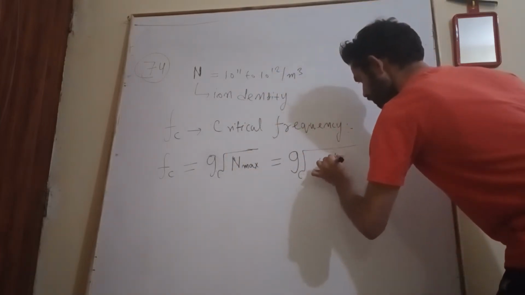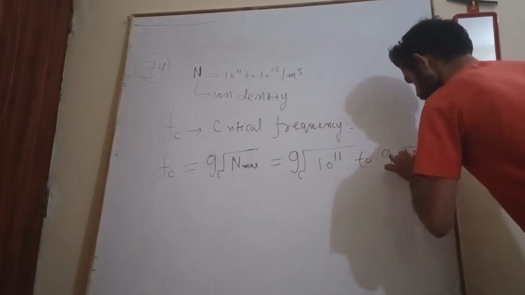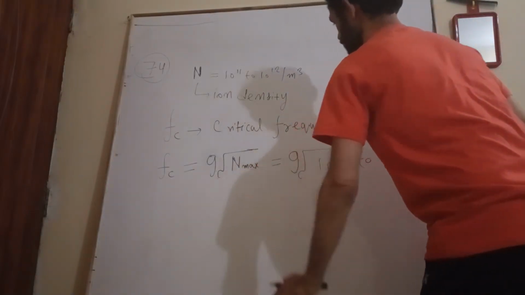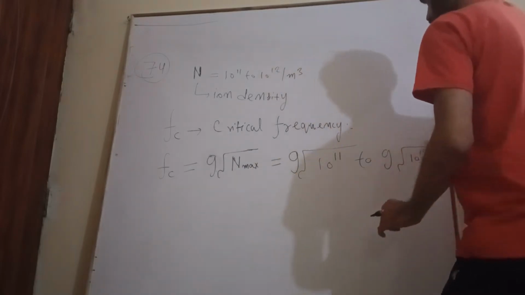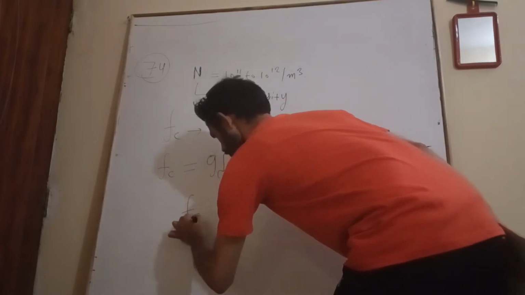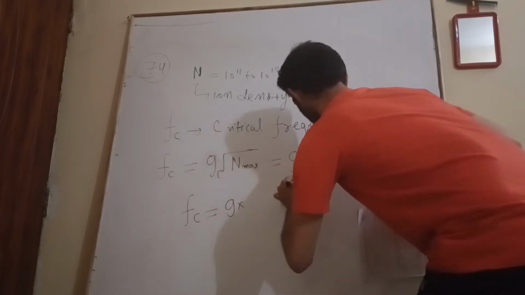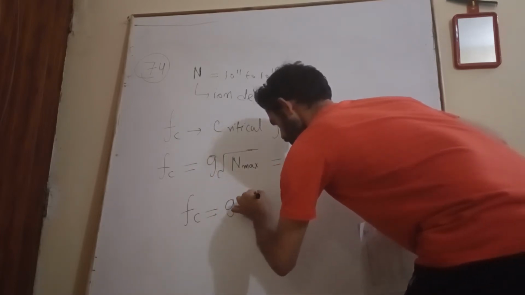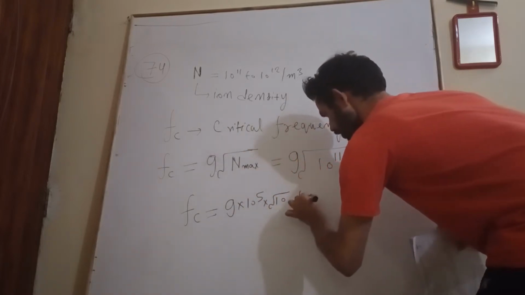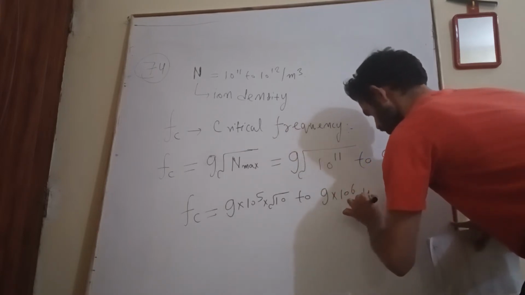So Fc is equal to 9 into square root of 10 to the power 11 to 9 into 10 to the power 12, where this is the ion density N maximum. 9 into 10 to the power 11 means 10 to the power 5 into root 10, so 9 into 10 to the power 6 hertz.